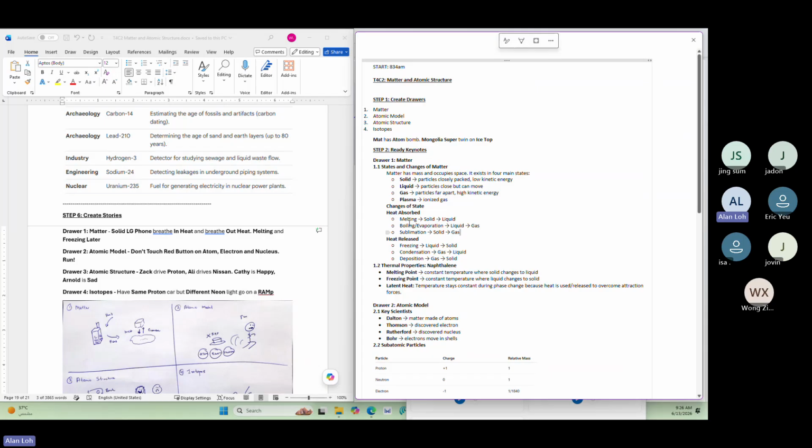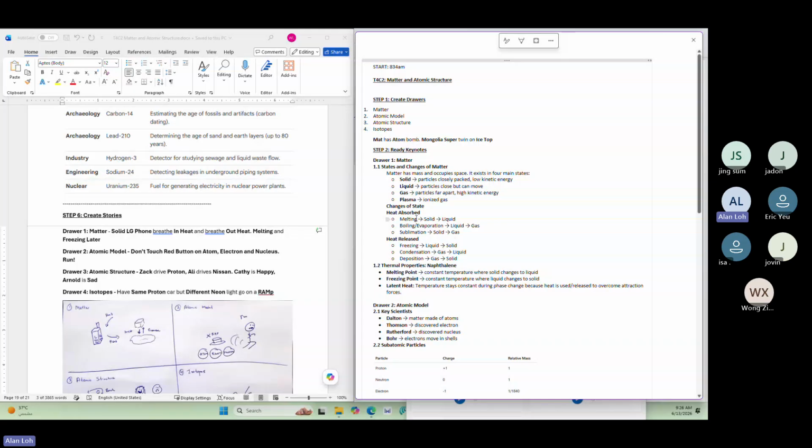So another way to remember this easier is when the heat is absorbed. Okay, if you divided them into solid, liquid, and gas, solid is the lowest level, gas is the highest level, liquid is the middle level. Absorbed heat means you are going from lower level to higher level, so solid to liquid, or liquid to gas, or solid to gas. So from down to up, you need to absorb heat, right?